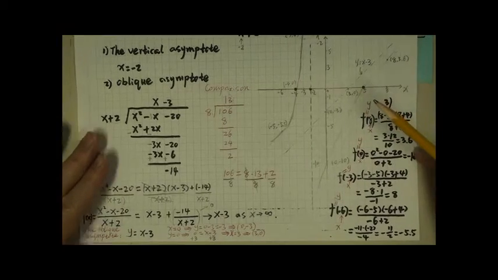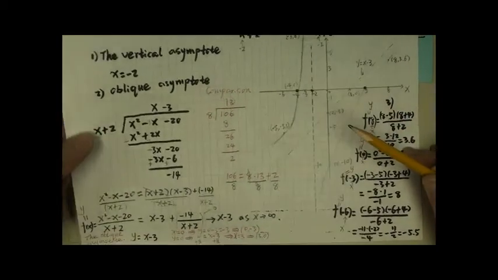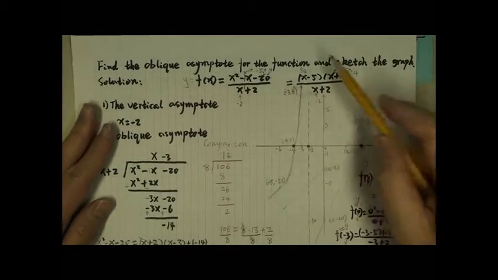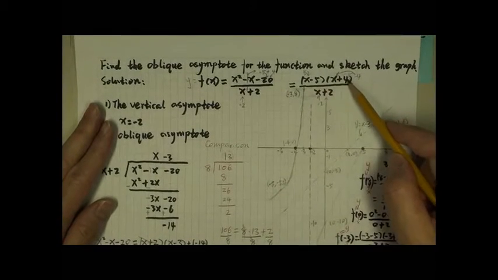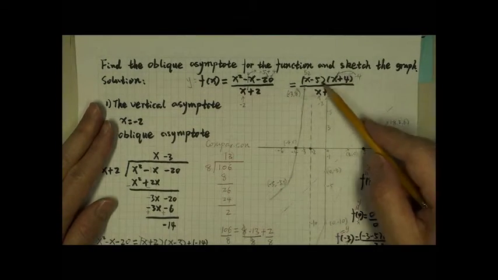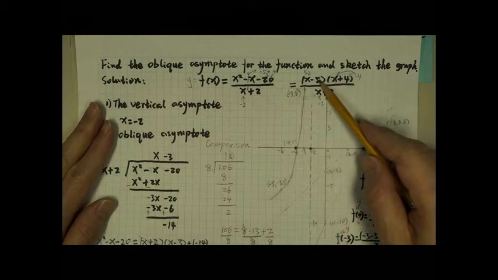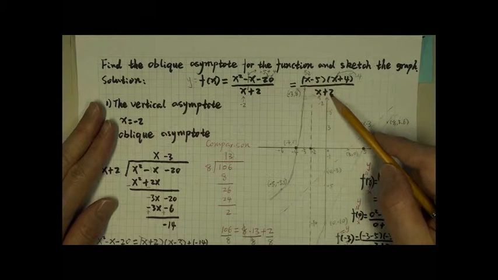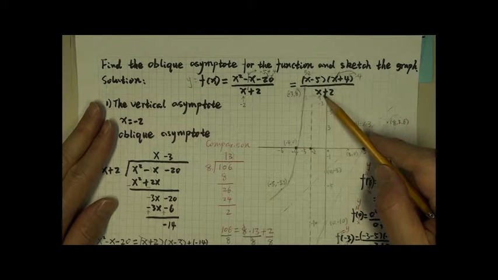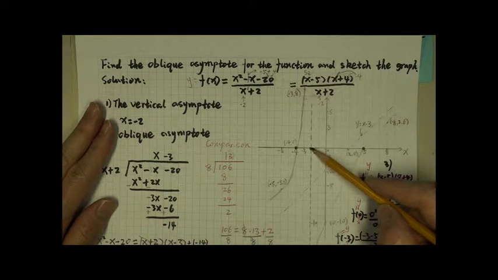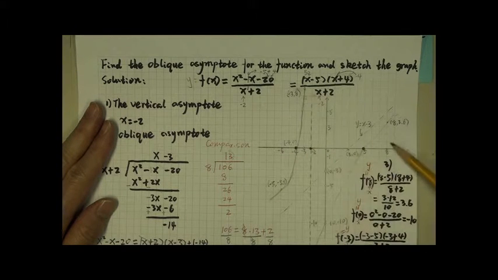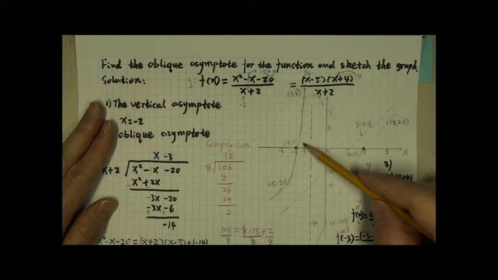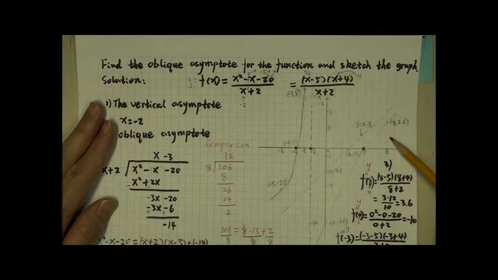Now, step 3, factor the numerator, and then you have 3 points: 5 and negative 4 are 0 points, plus the 0 point of the denominator. So 3 points divide the line into 4 parts, and then test values in these 4 parts.